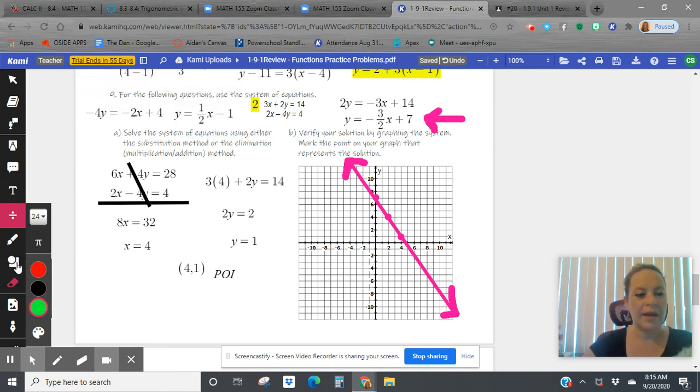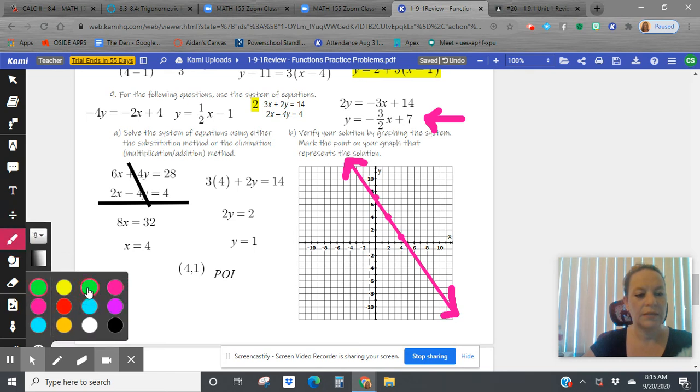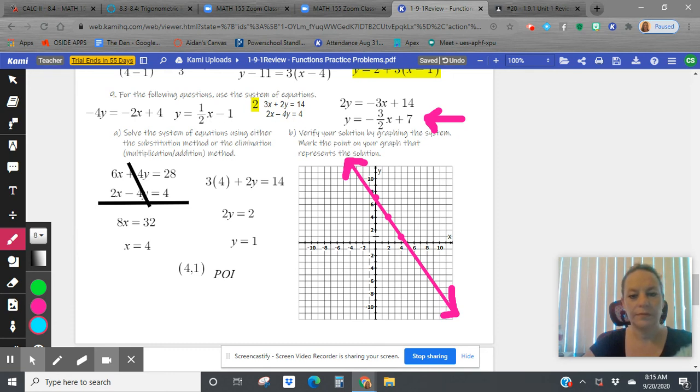So go begin at negative 1. And we go up 1 over 2, up 1 over 2, up 1 over 2.